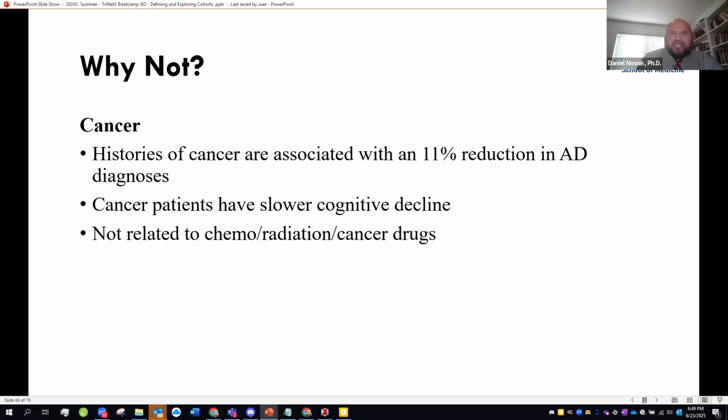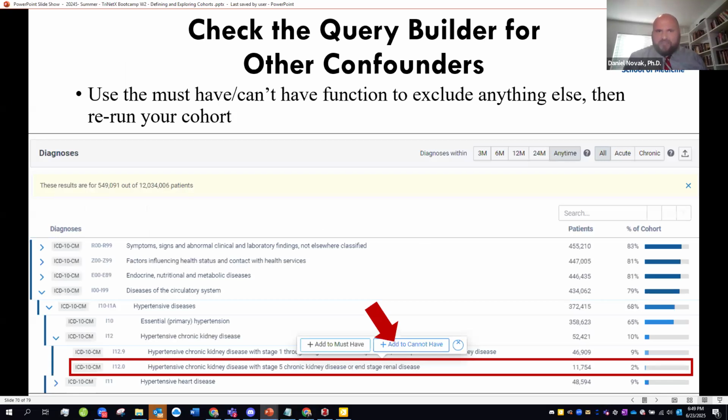But there, as far as I know, is no relationship. So I did not exclude people who have had cancer because it doesn't really impact. Now, it can impact all sorts of metabolic issues, but for our purposes, it does not seem to increase the odds of Alzheimer's disease. So we did not exclude those groups, though for many other kinds of studies you would be doing, you might want to do that.